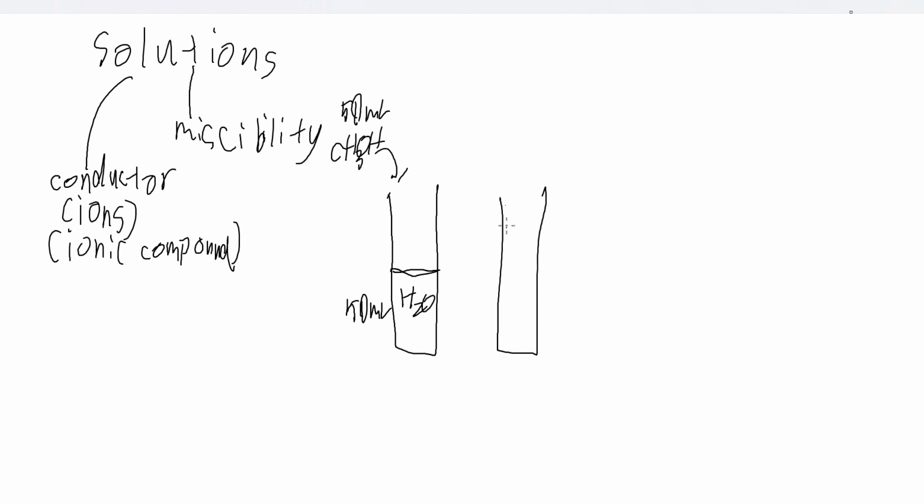It actually goes up to like the 97 mil mark. And this is what is called miscibility. Basically, any two liquids that are alike in properties, like they're polar, they can hydrogen bond, basically anything like that, is miscible. They're going to have interactions with each other, and so that's where the missing 3 mils are coming from.